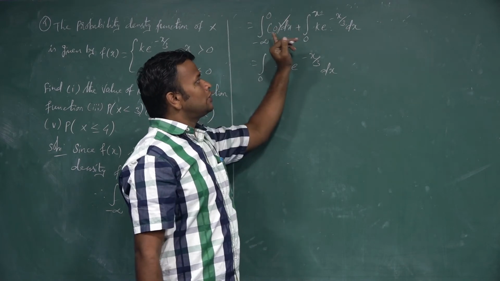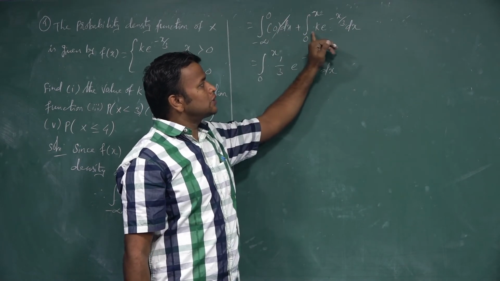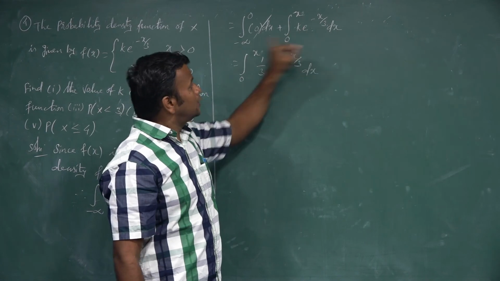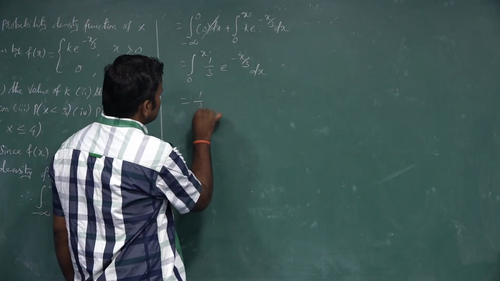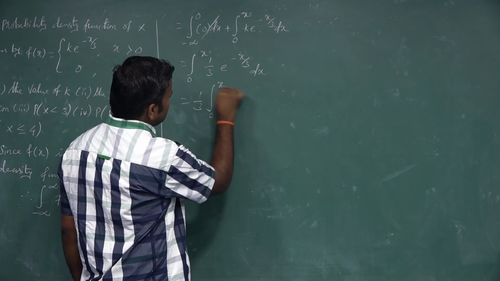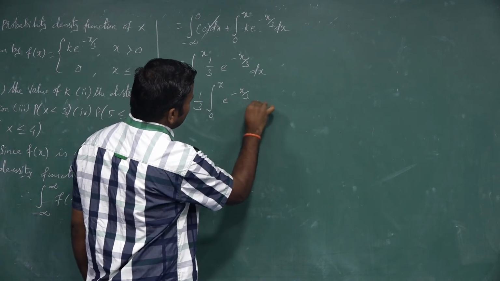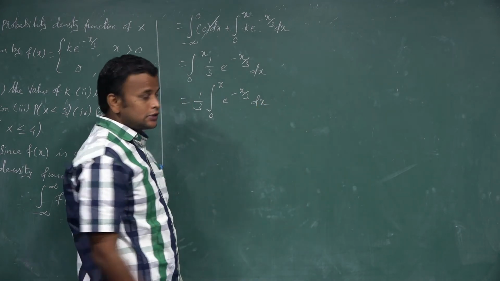In this interval f of x value is 0 and in this interval the value is k into e power minus x by 3. The value of k is 1 by 3. So 1 by 3 is taken outside: 0 to x e power minus x by 3 into dx.